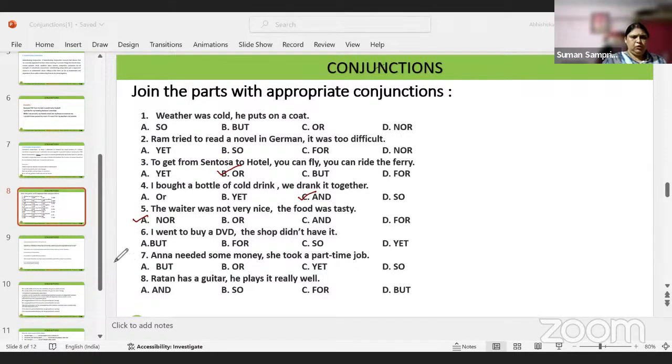It is showing contrast. Anna needed some money. She took a part-time job. Yes, correct. So, Ratan has a guitar. He plays it really well. Which one is "so"? Okay. This is "and". Addition. Very good.